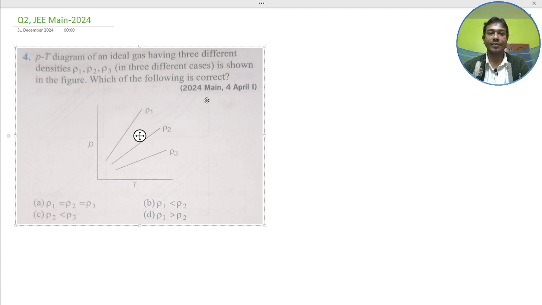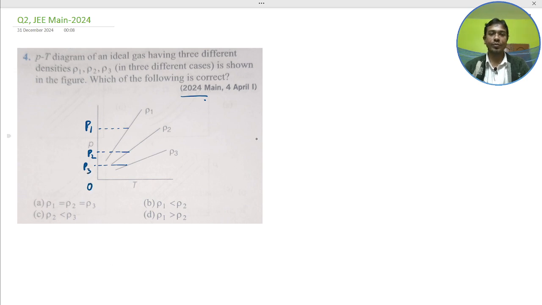JEE Main 2024: a PV diagram of an ideal gas having three different densities rho 1, rho 2 and rho 3. Which is correct? So this is for rho 1, this is for rho 2 and this is for rho 3.